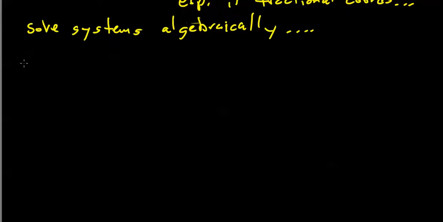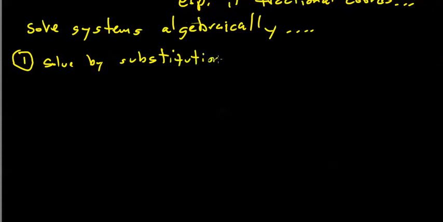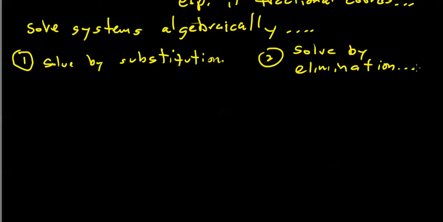One method the book talks about is substitution, and the next technique they talk about is solving by elimination. They're both okay, and depending on the problem, one might be preferred over the other.